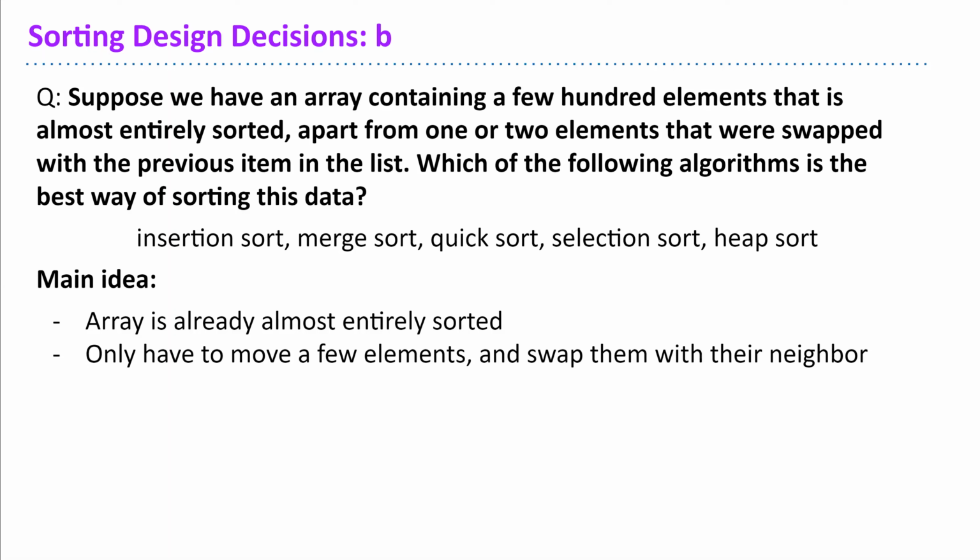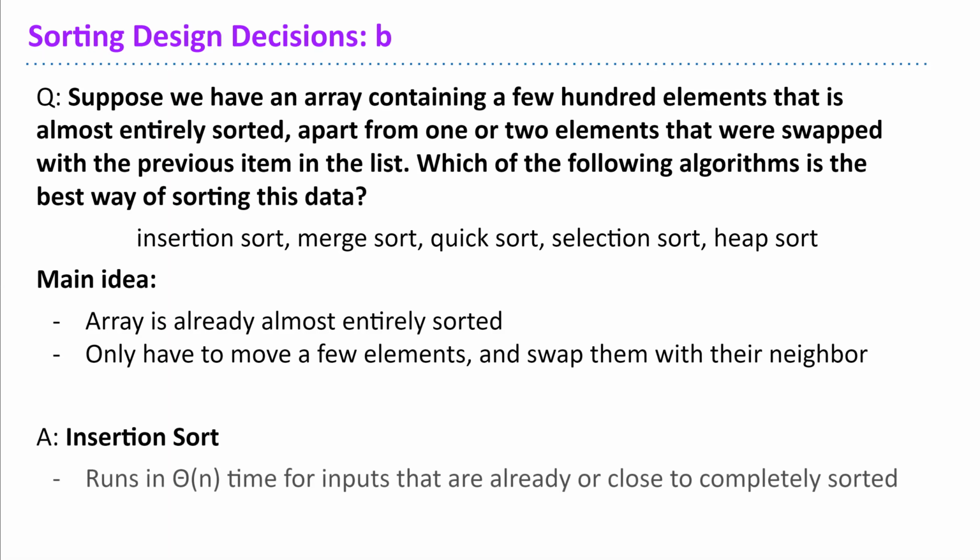Hopefully the first thing that jumped into your mind was insertion sort, which is the correct answer here. The reasoning is that it's going to run in linear time for inputs that are already or close to completely sorted. This is the best runtime that we can get, and insertion sort would be the right answer for this question.